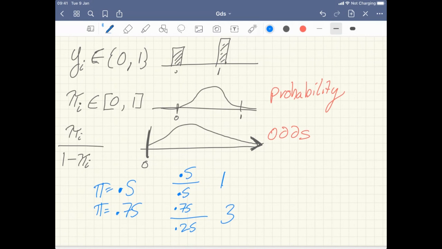So as your probability of the event happening increases, your odds get bigger and bigger. Likewise, as they get smaller, your odds get smaller and smaller. So like if you say pi is 0.25, then this actually becomes 1/3. Okay?